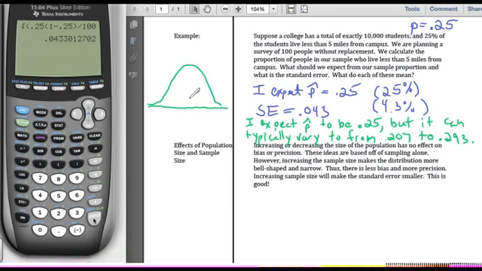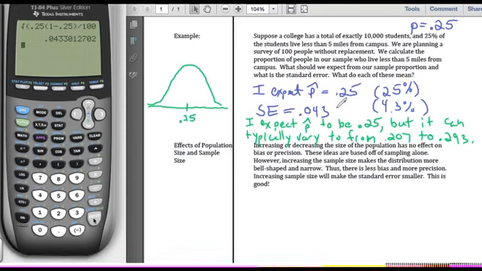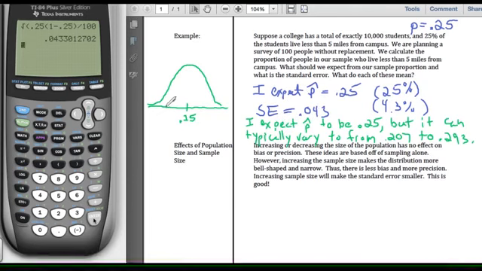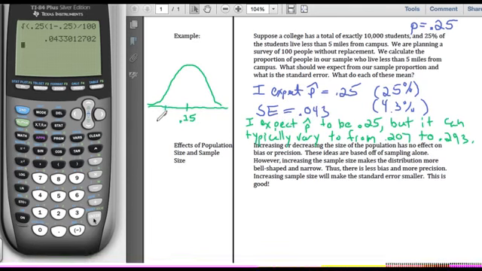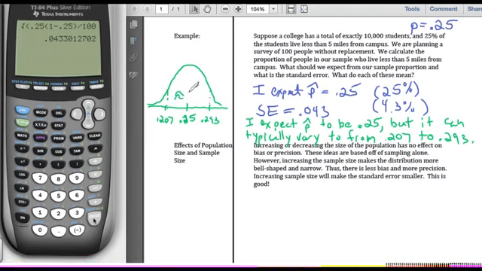We'll get into that in a couple of videos, but just trust me, with 0.25 in the middle, that's the mean, the population proportion. If you go down a standard error, which is like your standard deviation, if you subtract one of those, that will be 0.207. If you add one of those, that would be the 0.293. And you can even throw the empirical rule in here, and this should be about 68%.